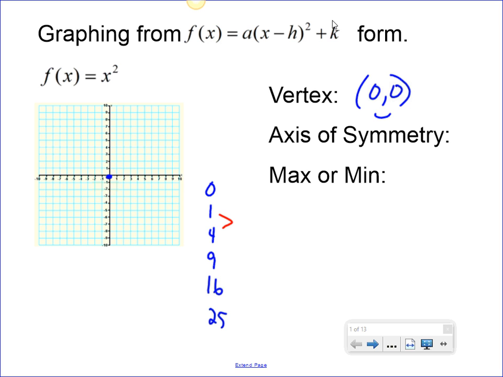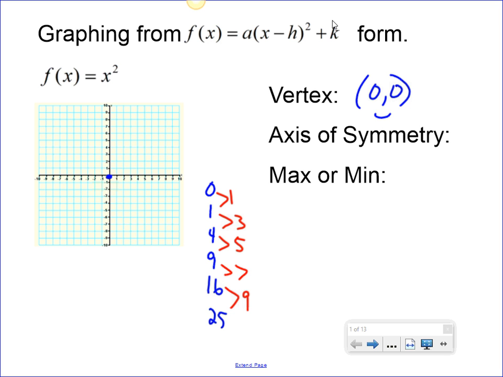The difference between 0 and 1 is 1. 1 and 4 is 3. 4 and 9 is 5. 9 and 16 is 7, 16 and 25 is 9. Okay, if you see, it's odds: 1, 3, 5, 7, 9. That pattern will hold for these graphs now.